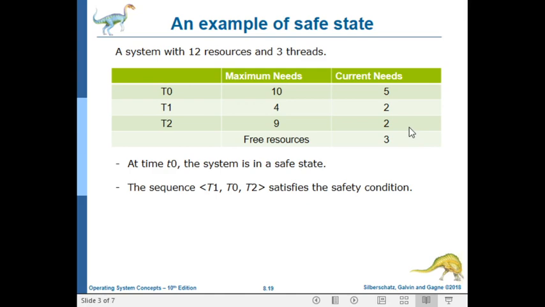Since we have 10, we can allocate the resources to T2, since it still needs 7 resources. So we can grant all the resources needed by T2. That is why the sequence satisfies the safety condition. We start with T1, followed by T0, and finally T2. This is the scenario in a safe state.